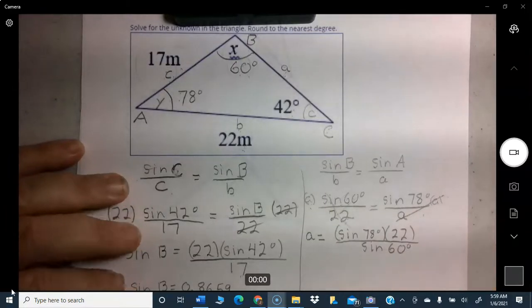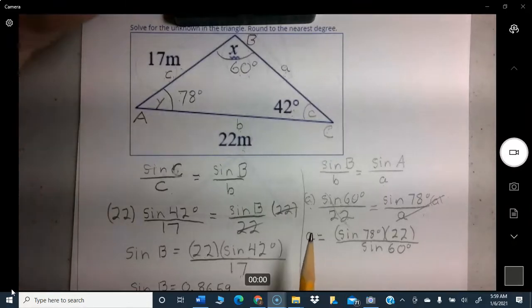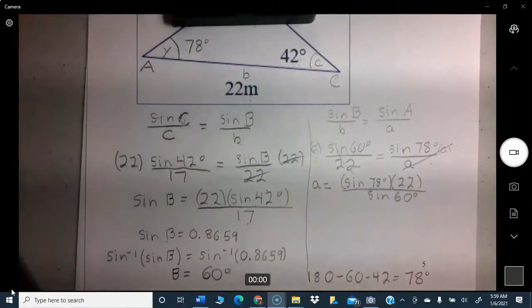Okay, that's what you end up with. A equals. Okay, if that one again faked you out, then let me know and I'll walk you through step by step, but it's just algebra. Okay, so here we go.